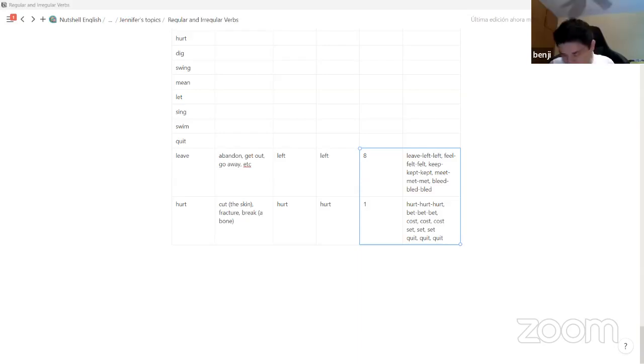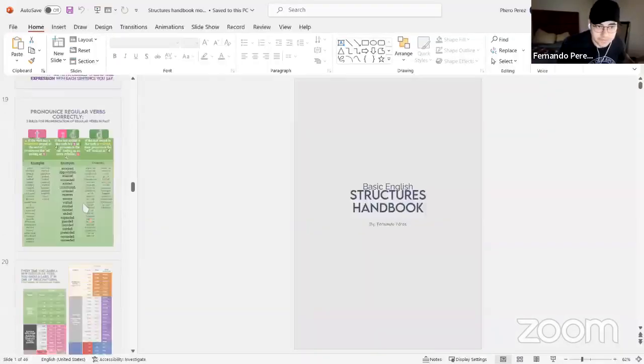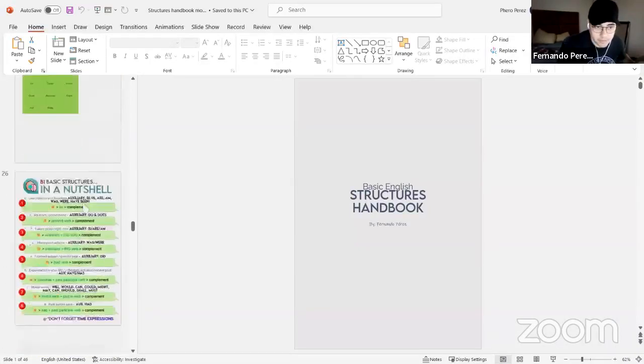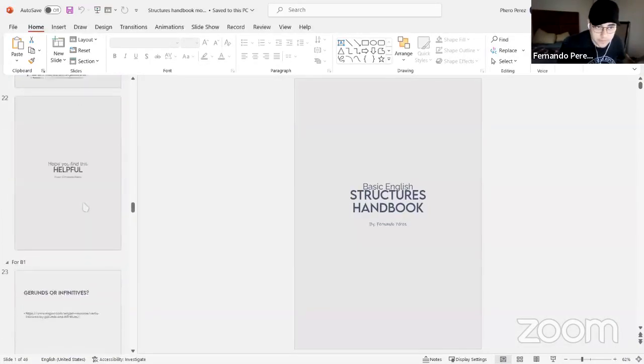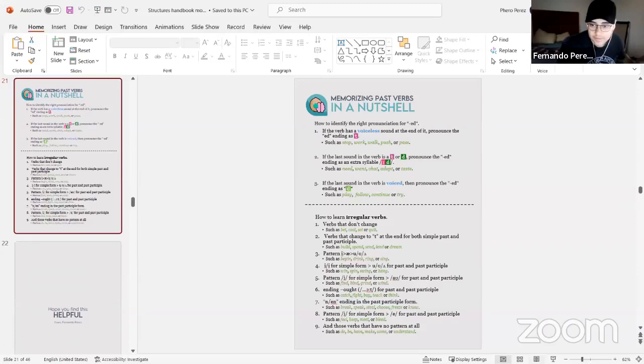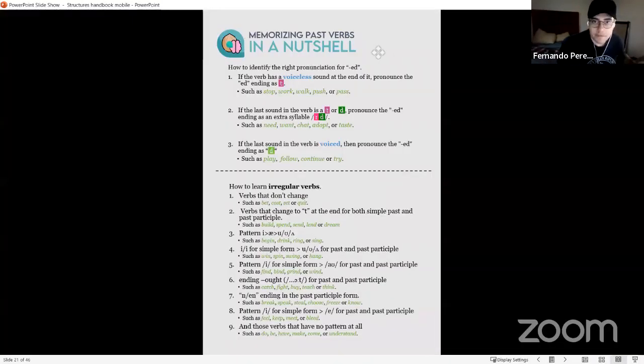It should be, I don't remember the page, but it is right here: memorizing past verbs in a nutshell. The first section is for regular verbs, and the second section is for irregular verbs.